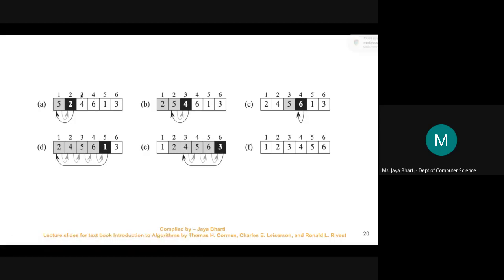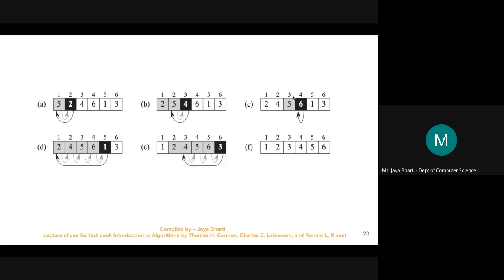So 1 to j minus 1 will have all the elements that were initially in 1 to j minus 1 only. If j is equal to 4, you can say 5 to 4 are the three elements which were available initially as well. These three elements were in positions 1, 2, 3, and even after sorting these three elements are only in positions 1, 2, 3.